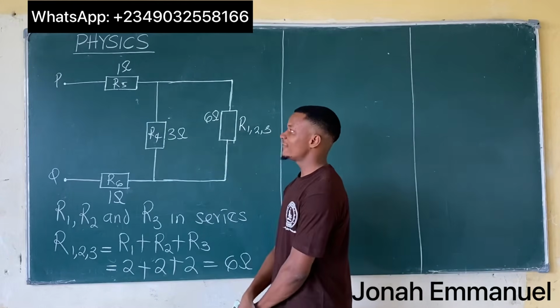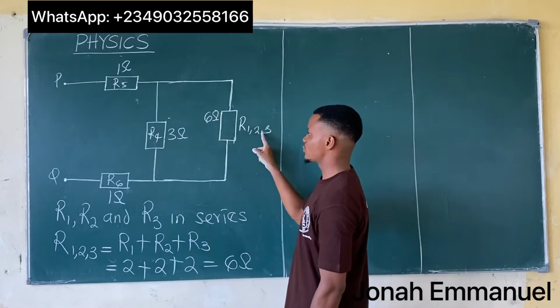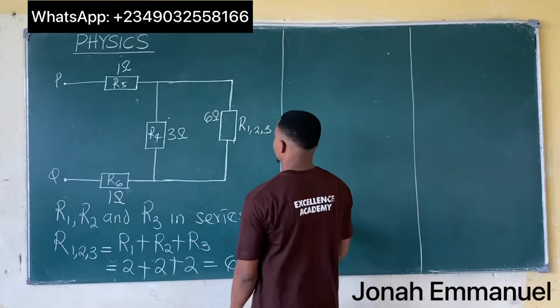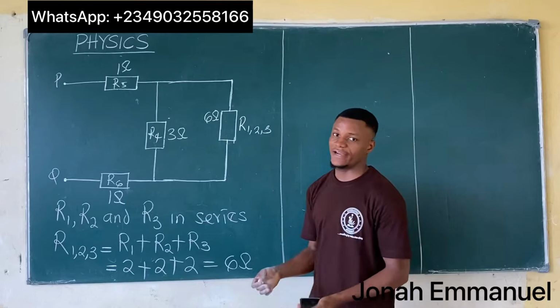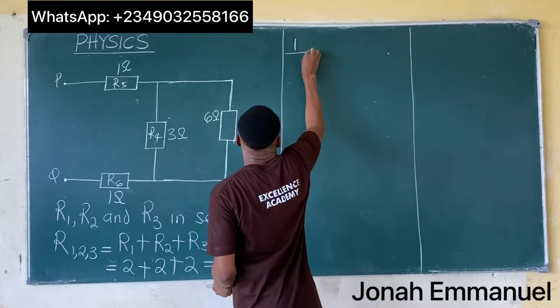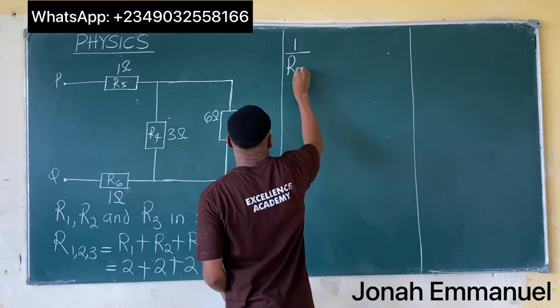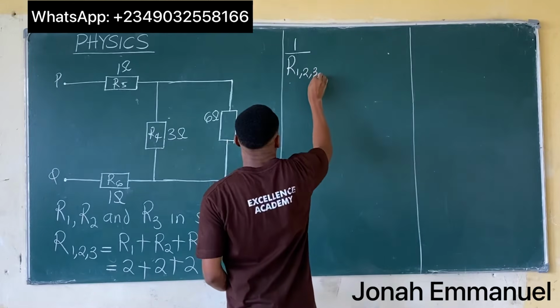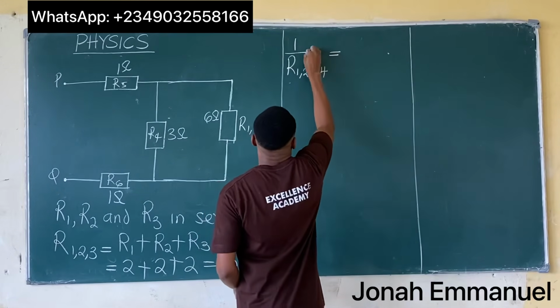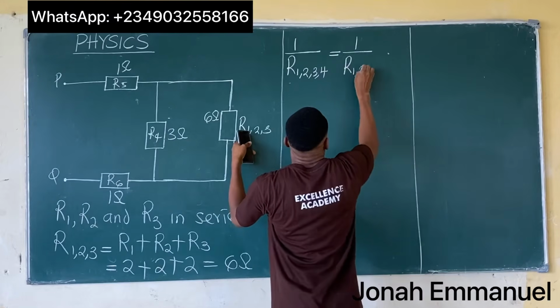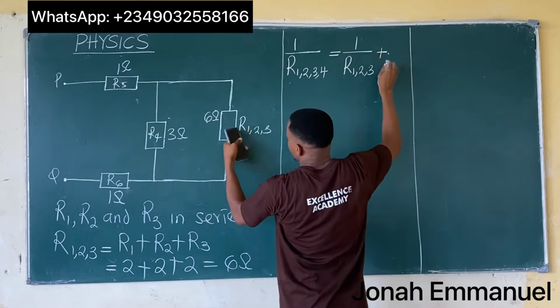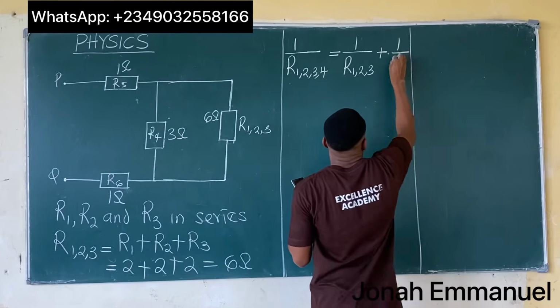Hence we now find the equivalent of 1, 2, 3, and 4. Since this is a parallel connection, for parallel connection of resistors we take inverse. So 1 over R1,2,3,4 is equal to the inverse of R1,2,3 plus the inverse of R4.